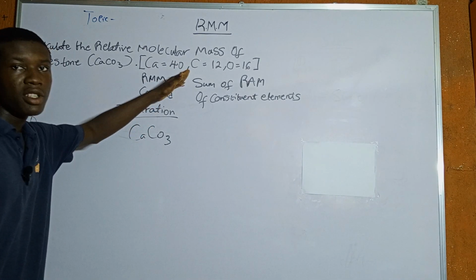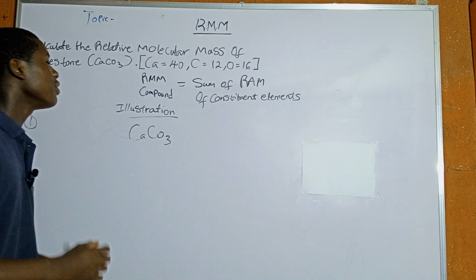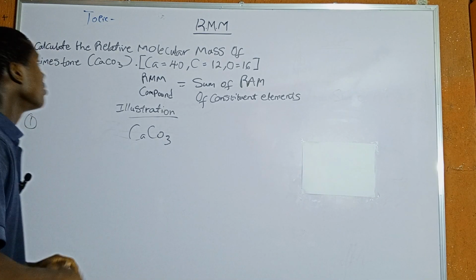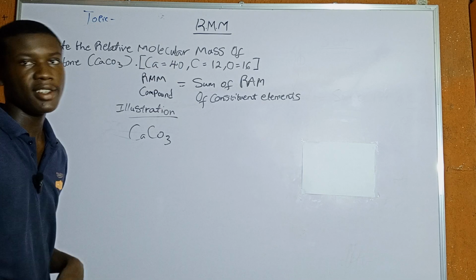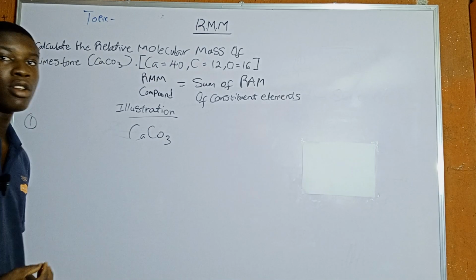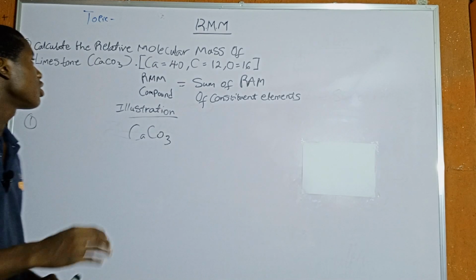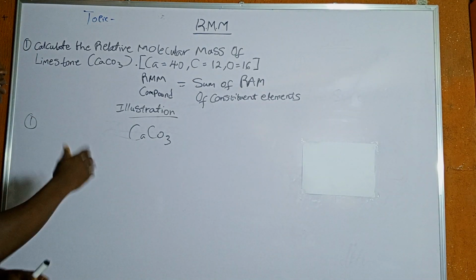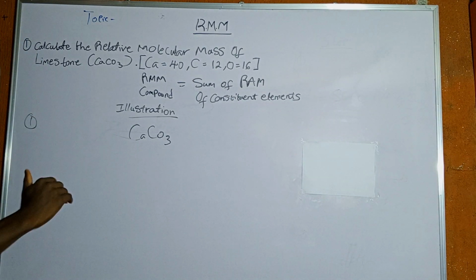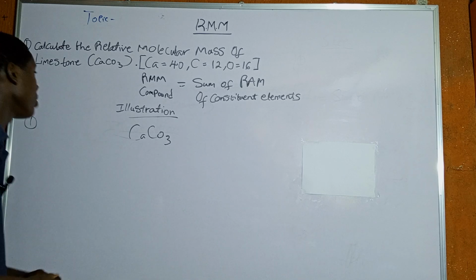You will always be given this in an exam, but even if you are not given, simply know that the relative atomic mass of these elements is simply their atomic masses, just remove the gram, because the relative in relative atomic mass is what removes the gram.